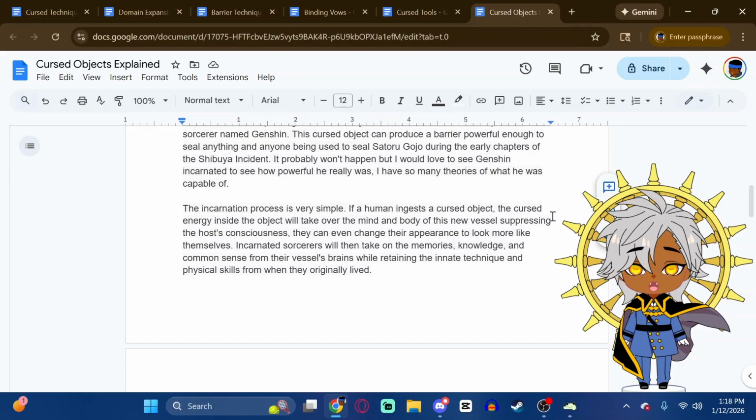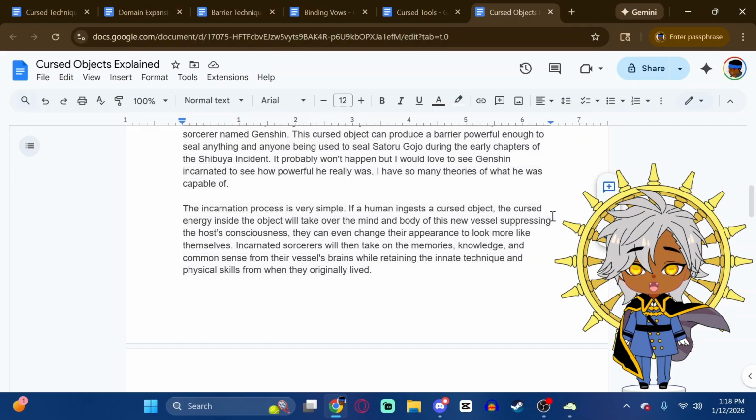I kid you not, they never explain which part of the brain this is. They don't say if sorcerers have a part of their brain that normal people don't, or if they utilize a part of their brain differently, but basically there's a part of the brain that sorcerers have that enables them to utilize curse energy.